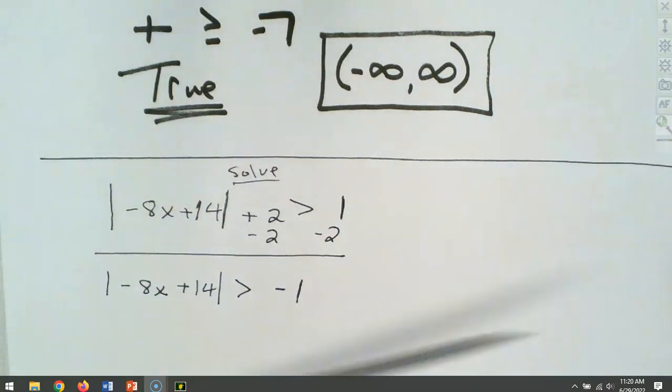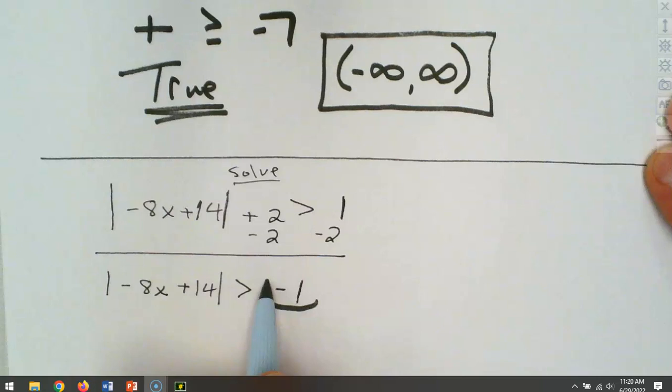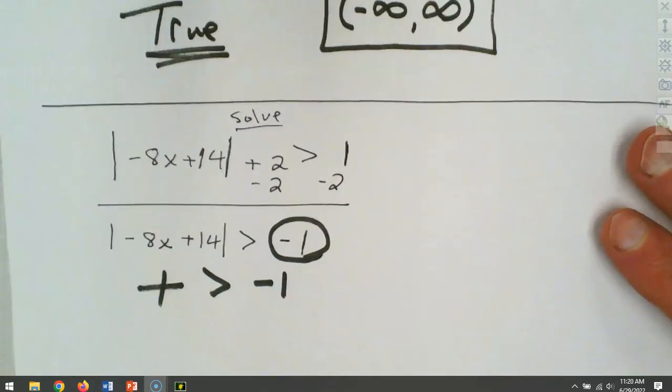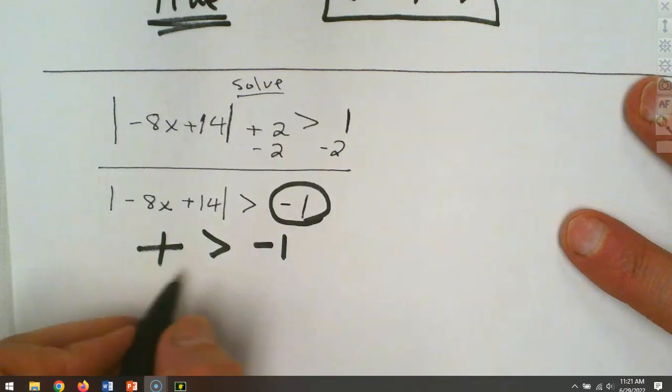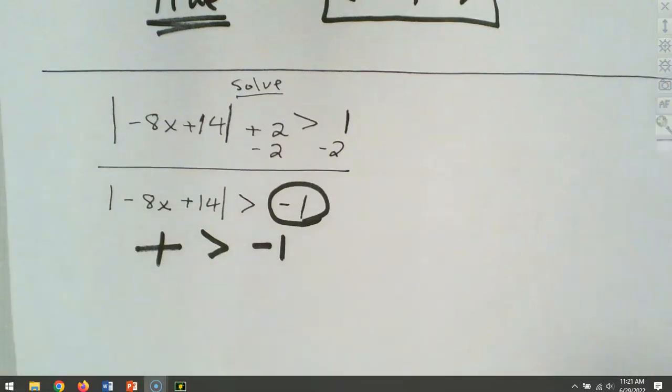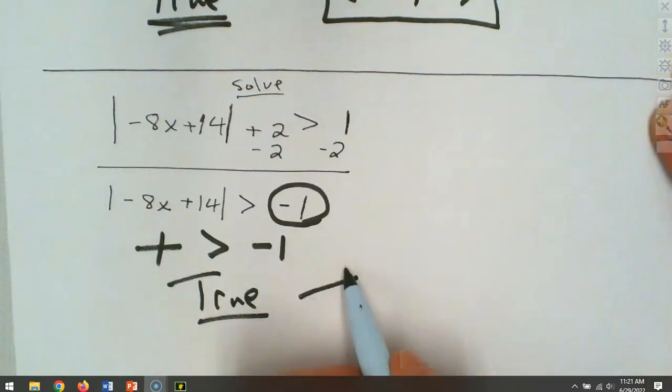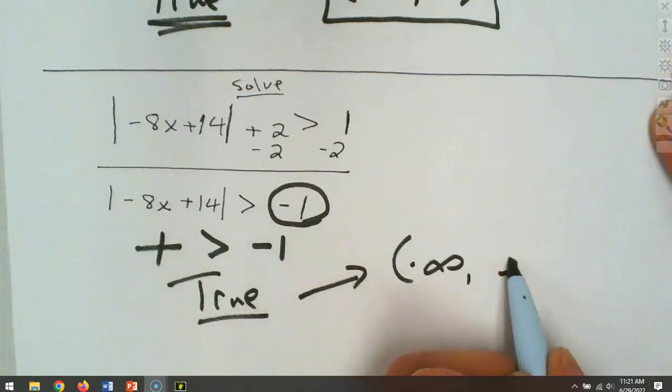Well, this is, again, negative. So that means this side is positive, and our positive number is bigger than a negative 1. Yep. So what would that then be? True. And so if it's true, then it's negative to positive infinity.